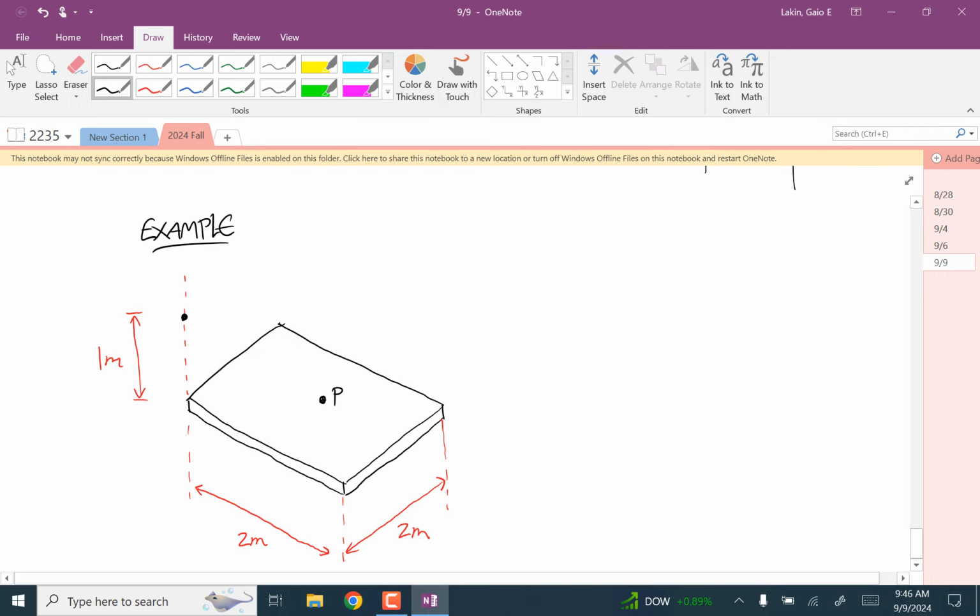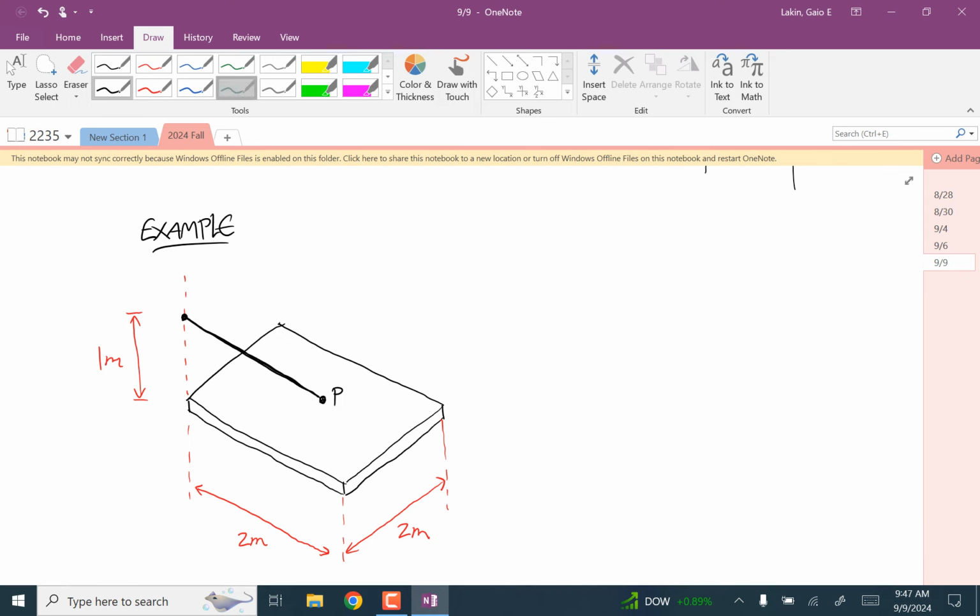And so a cable goes like this. Okay, that P is at the center. Is it exactly the center?